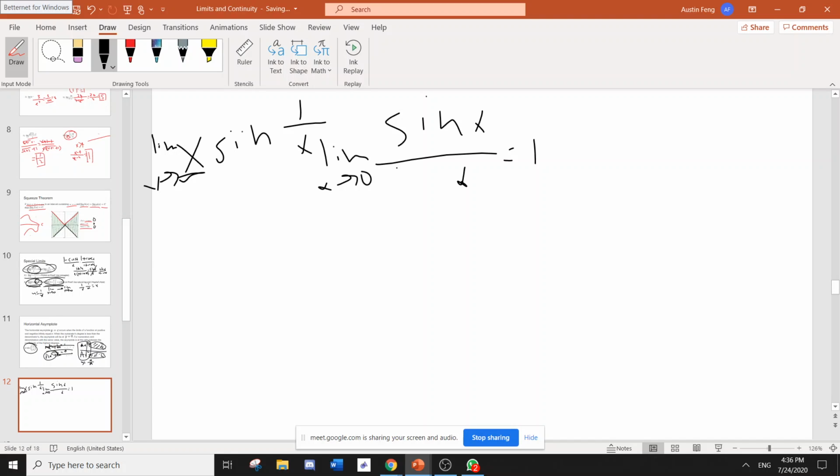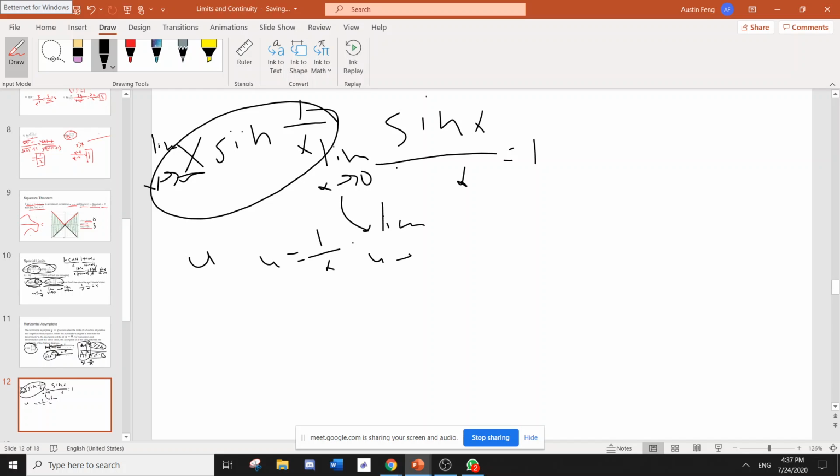So let's replace this x with u, and let u be equal to 1 over x, right? So when x goes to 0, u becomes infinity. So this is equal to the limit as u goes to infinity.